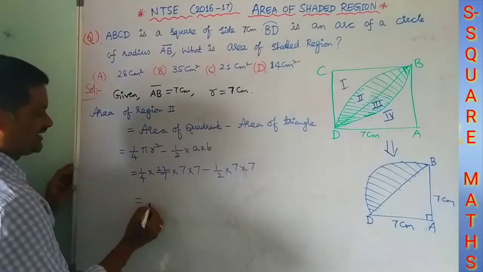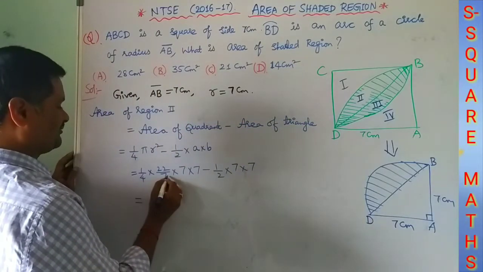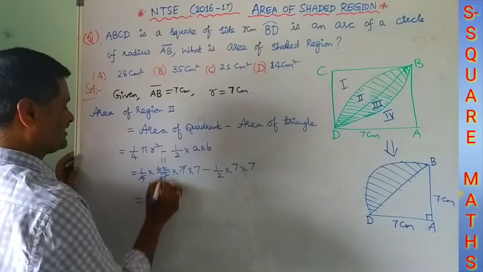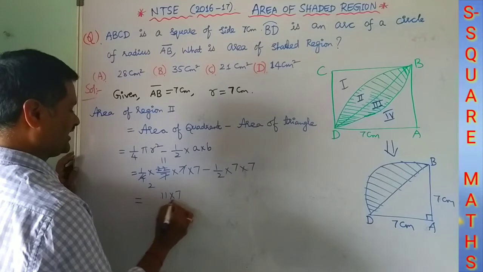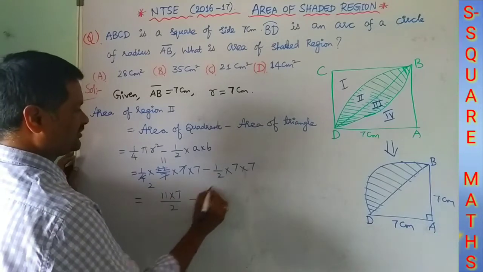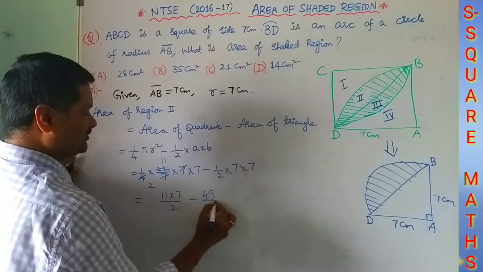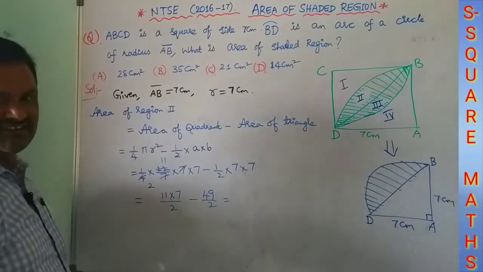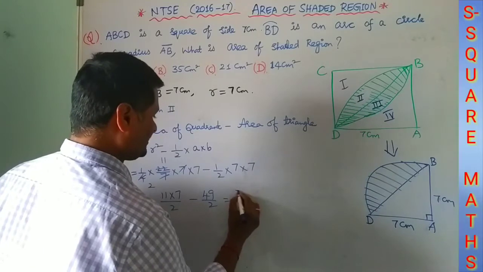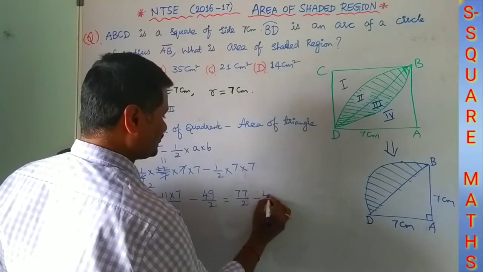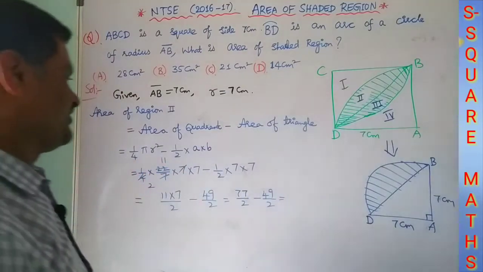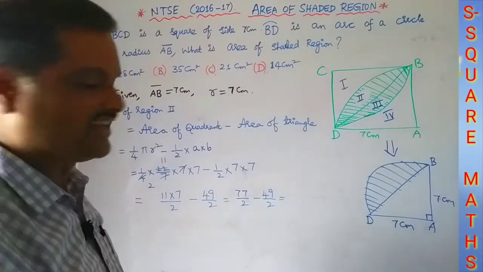Here the 7s get cancelled. So this is 2s and this is 11s. So 11 into 7/2 minus 49/2. Now 11 7s are 77. So 77/2 minus 49/2.